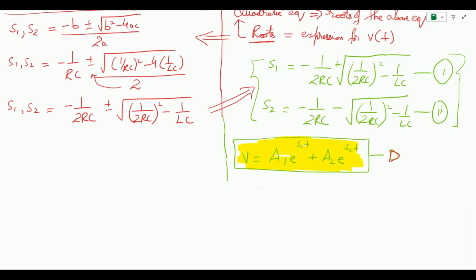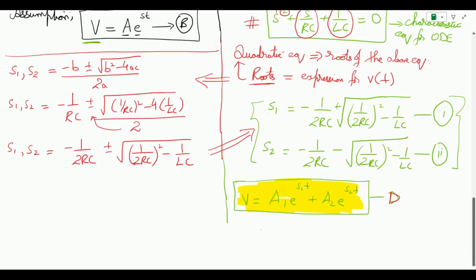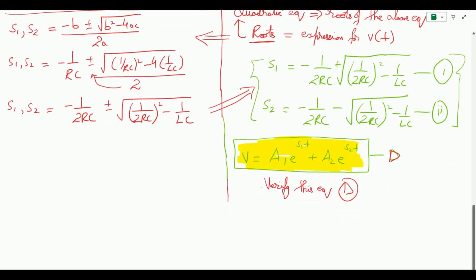How can we verify this? Because we took the assumption of voltage in equation number B, what we can do is take the first and second order derivatives of equation D.